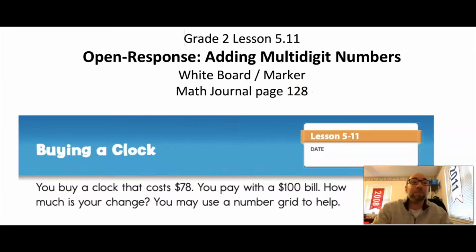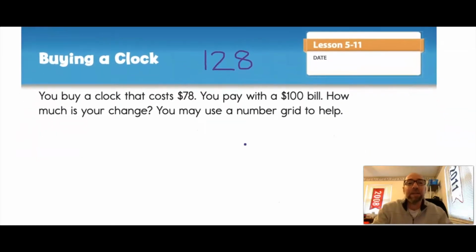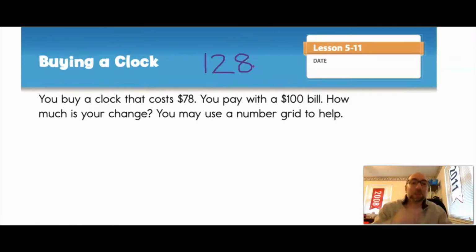In your math journal, open up to page 128. I wrote that page number at the top just so that you can see it. This is our math message today, our little warm-up.